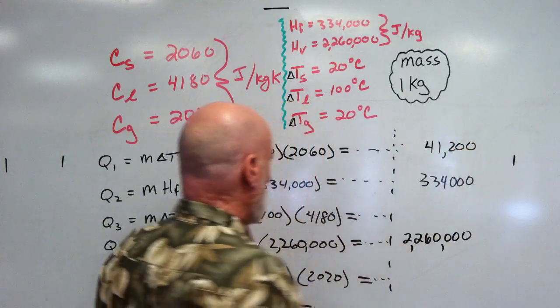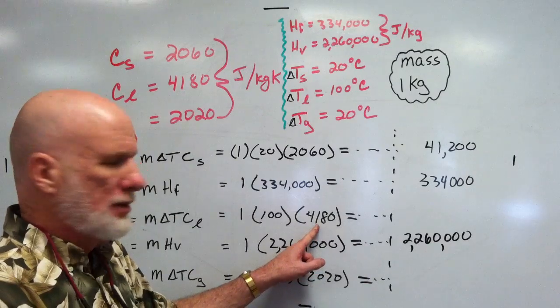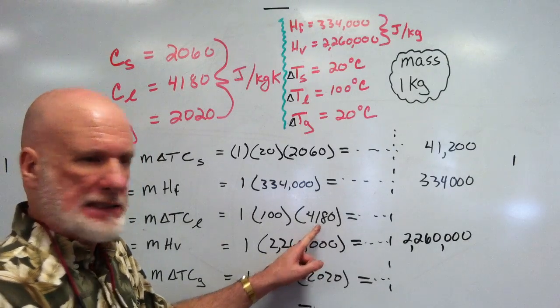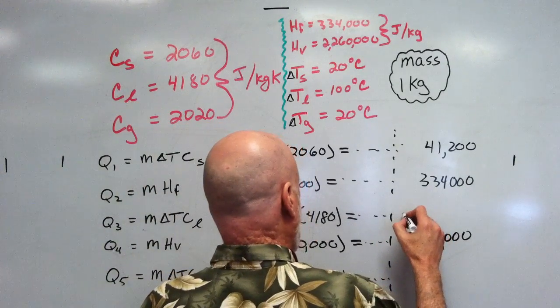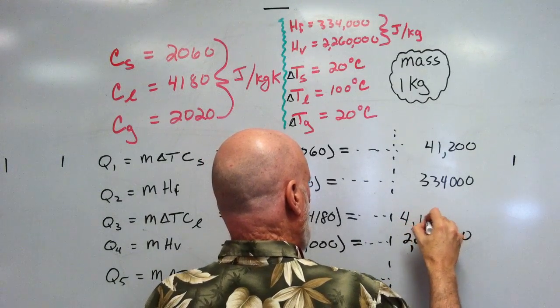Now, 100 times 4180. That'll be 4 million. No, just throw 2 zeros.